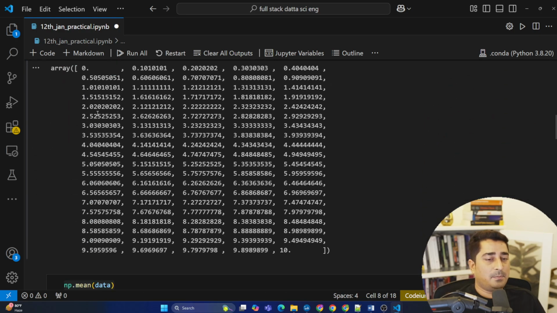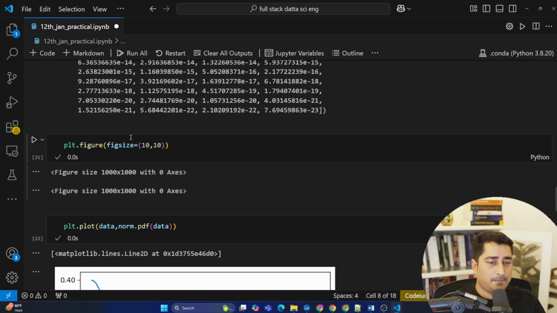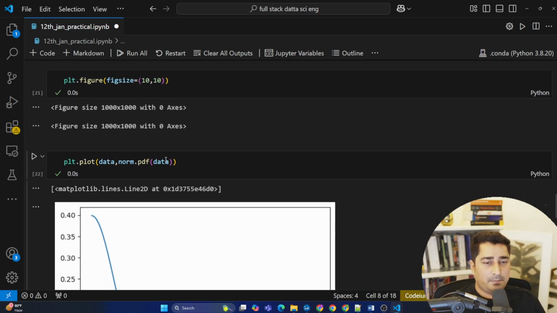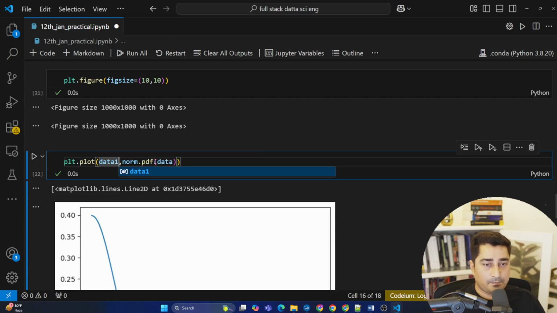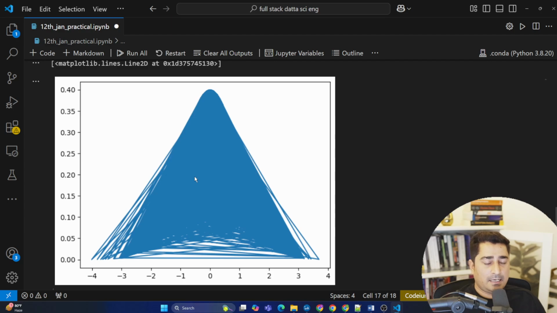Now let's do a plot over here. So I'll come down and plot it. While plotting, I can change this to data 1 and this to data 1. Now let's plot a graph. Can I say that it is trying to form a bell curve, guys?